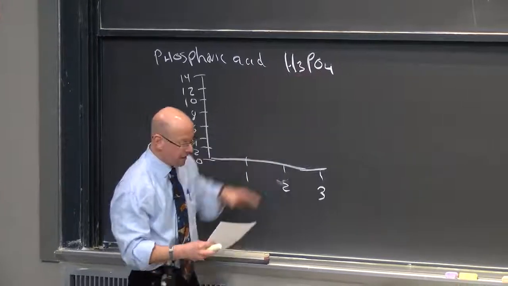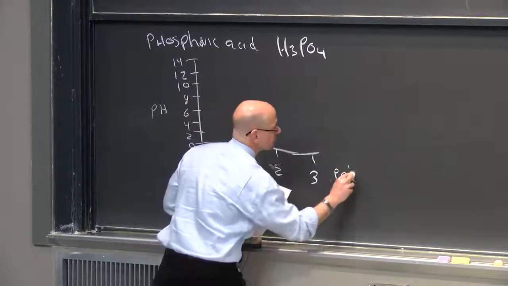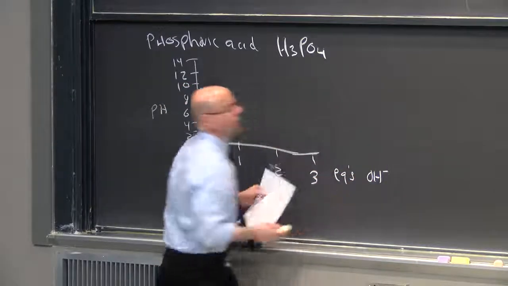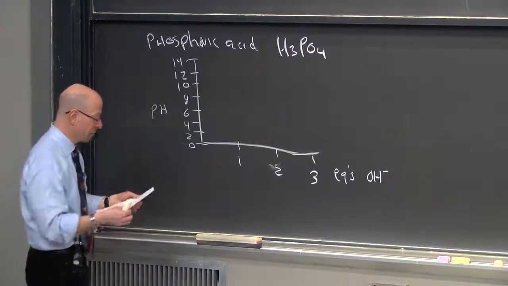Now that means that I'm going to have to add 3 equivalents of base for every molecule of phosphate to titrate these 3 different protons.